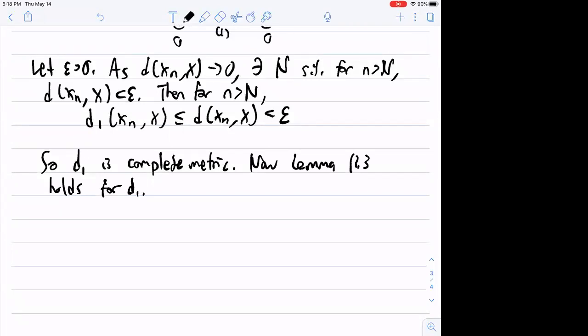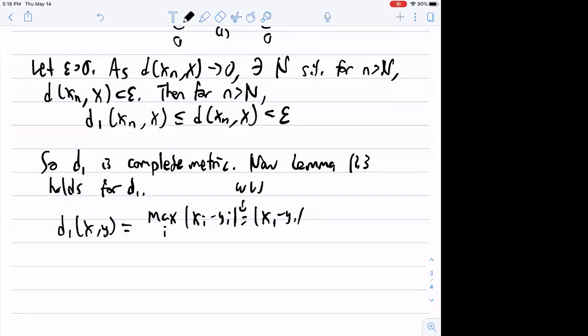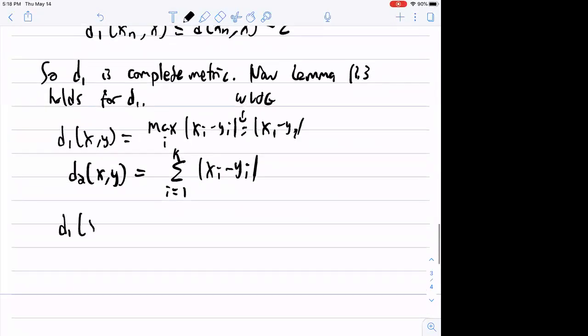So D1 of x,y is this, right? Without loss of generality, let's assume the max is the first term, x1 minus y1. Then d2 of x,y is this, right? Since I'm summing, I certainly have this, because d2 contains x1 minus y1.